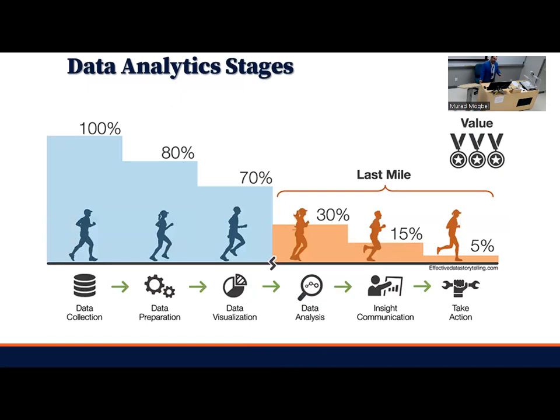So in this graph, you can see that 100% of organizations collect data, right? And then only 80% prepare that data, kind of clean it for analysis, and 70% they visualize, they use business intelligence. So in other words, this confirms what I was talking about earlier.